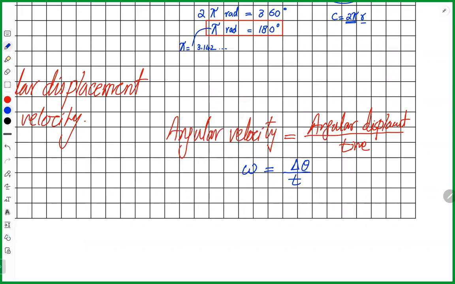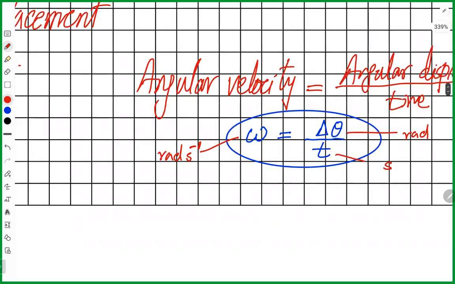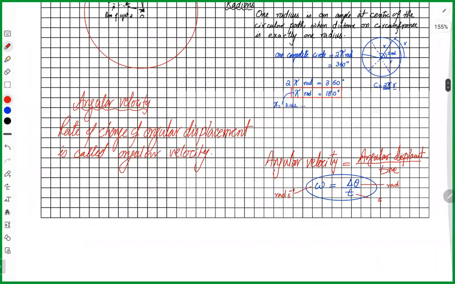So there we go. This is a very important formula, and units are very important here. If this is measured in radians, this is measured in seconds. So omega is in radians per second.